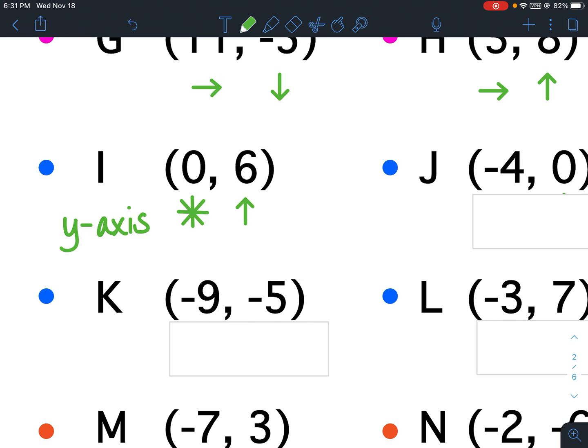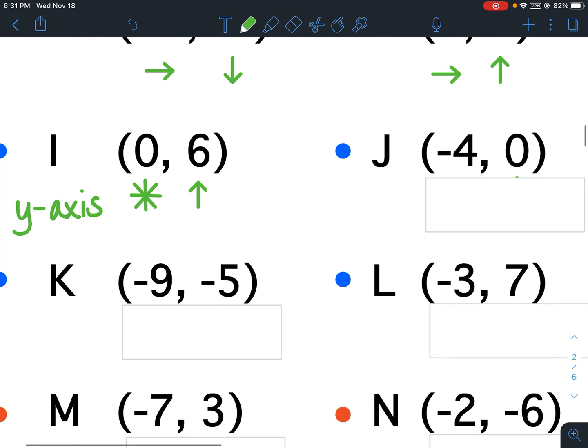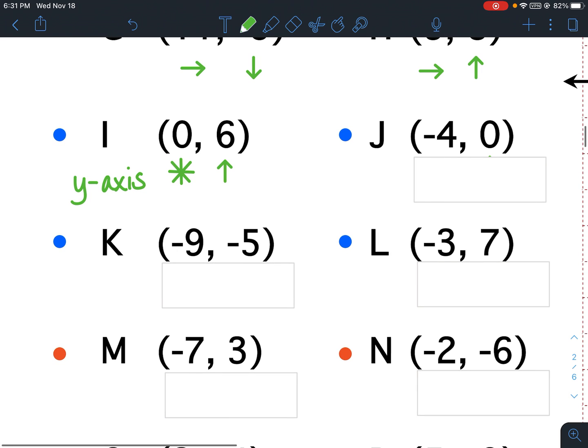Write that down. For J, the point is -4, 0, which means we go to the left 4, but then we don't go up or down. So I put a star where the 0 is. So if we're going to the left but not moving up or down, J will be on the x-axis.